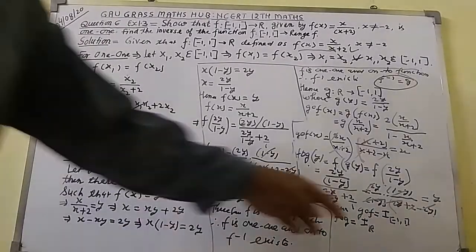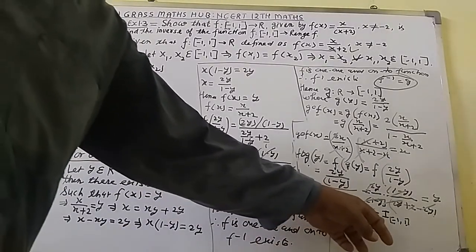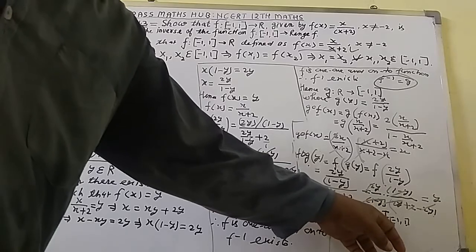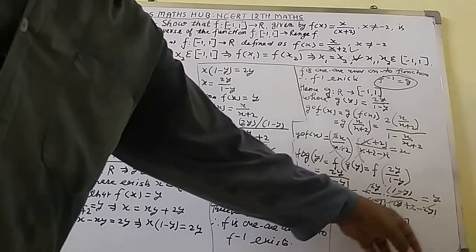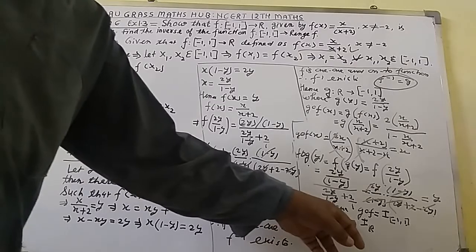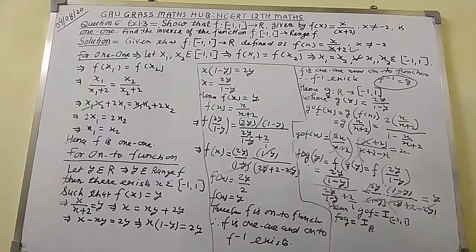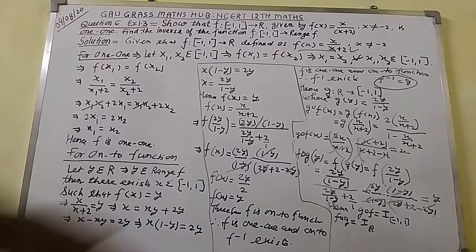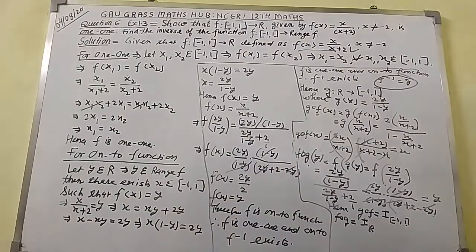So here I have got g o f equal to identity function on the closed interval minus 1 comma 1, and f o g equal to identity function on capital R. So this one you have to write.